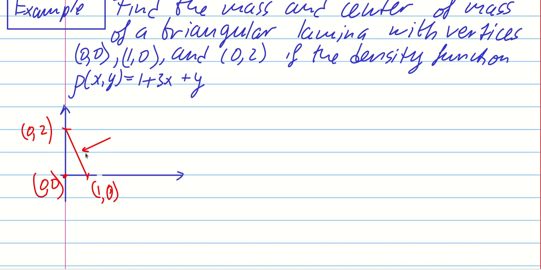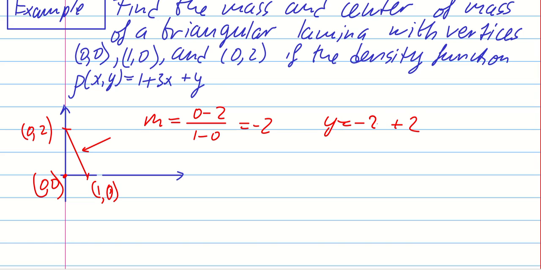So let's find the equation of this line first. The slope will be (0 minus 2) divided by (1 minus 0), so it's negative 2. Then we have a y-intercept at 2, so it's going to be y equals negative 2x plus 2.